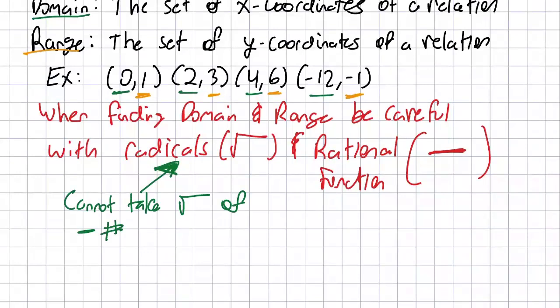It doesn't exist. And then what about for rationals? Do you guys remember what the rule is for rationals? The denominator cannot equal 0, because then you'll get undefined.